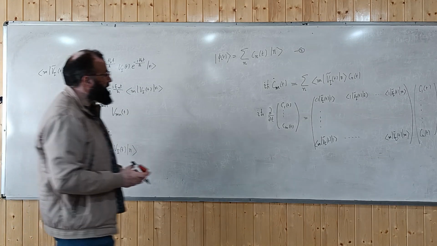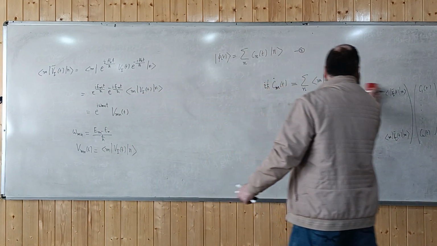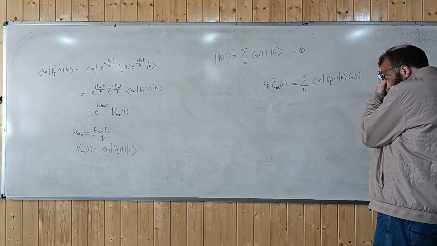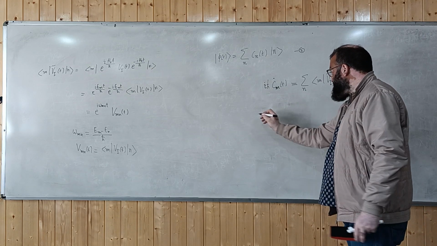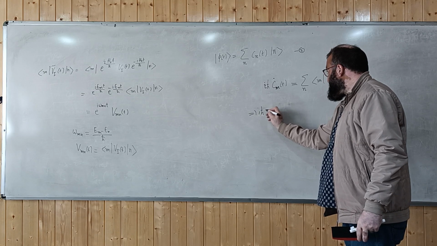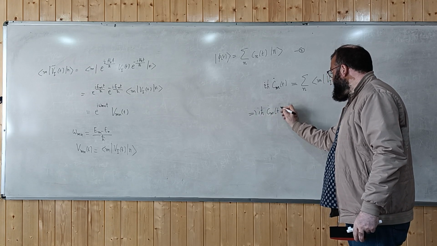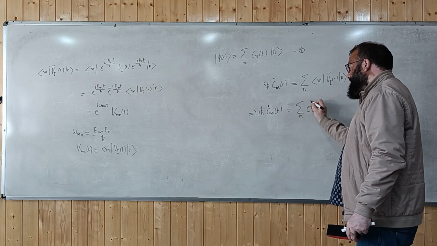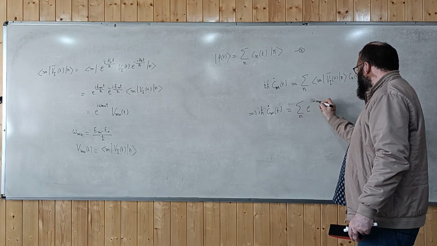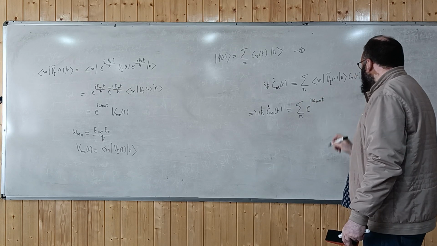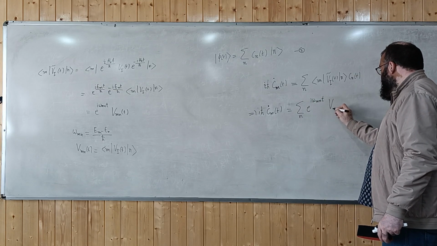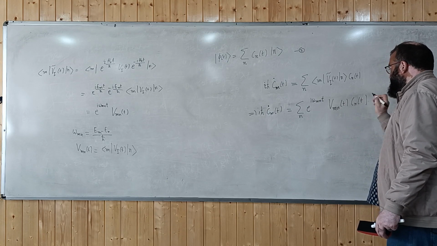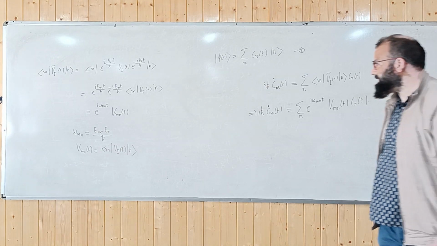So I can rewrite this equation like this: C dot m(t) is equal to summation over n of e raised to power i omega_mn t, then simply V_mn(t) C_n. So let's take an example.